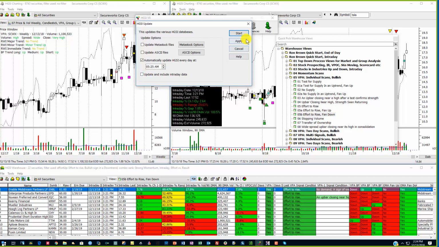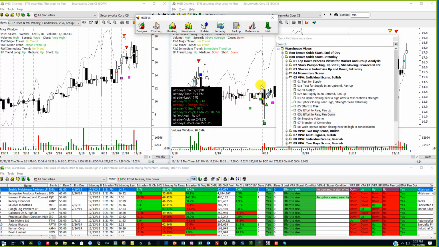Then apply it and run your update again, and it's going to revert back to last night's data. That's really what you want to be working with. Because, for example, the last update signal condition here is an effort to rise, and that's what I want to see if they're following through.